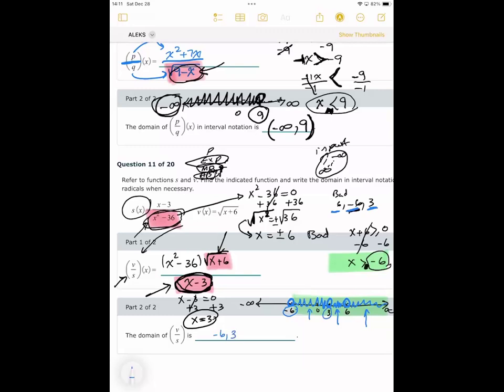Those are all good to pick. 3 is not good and negative 6 is not good to pick, so put parentheses, union, 3 to positive 6, union, positive 6 to infinity. That is your domain.